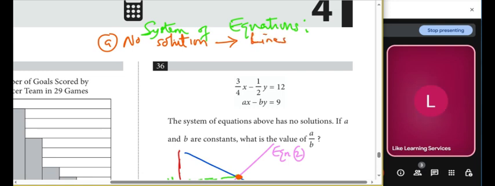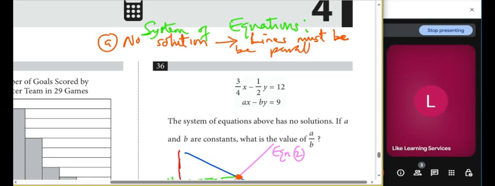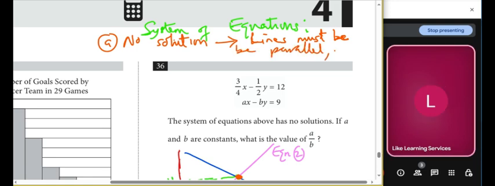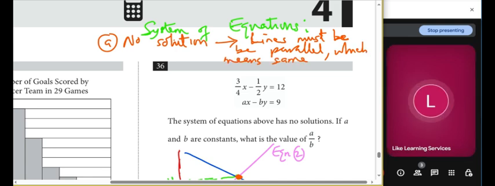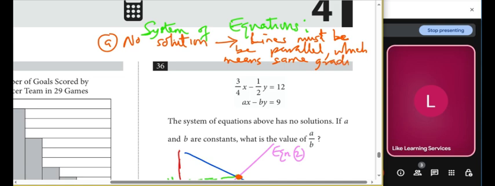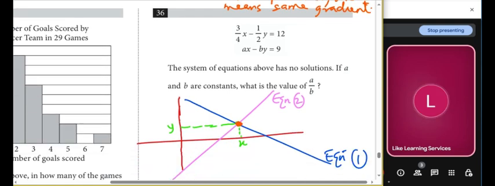Okay. Must be parallel, which, as you rightly said, they must have the same gradient. Same slope or gradient, whatever you call it in your climb. By the way, slope is how steep it is.